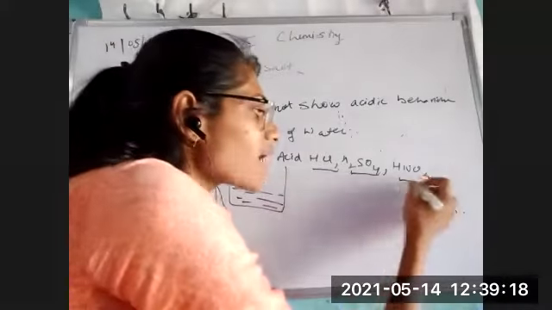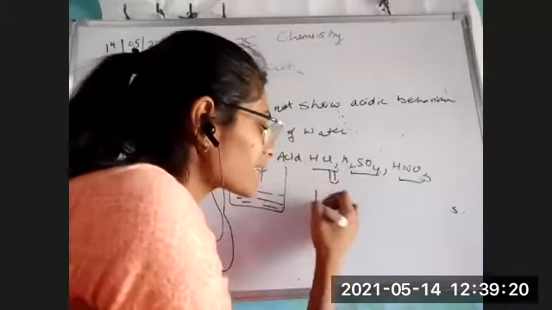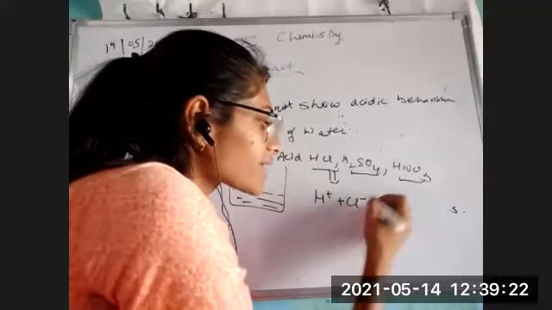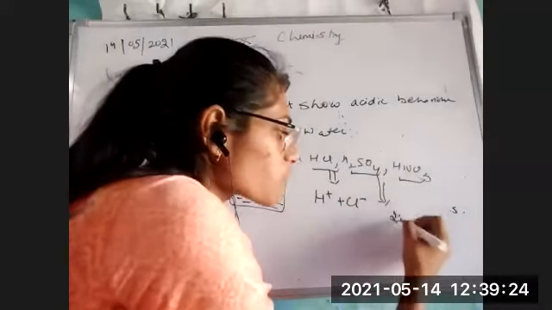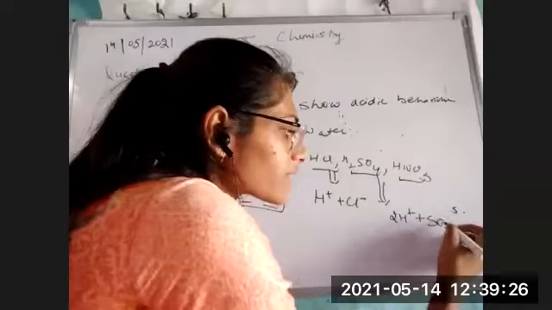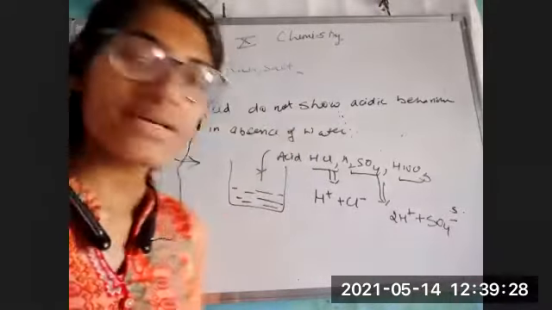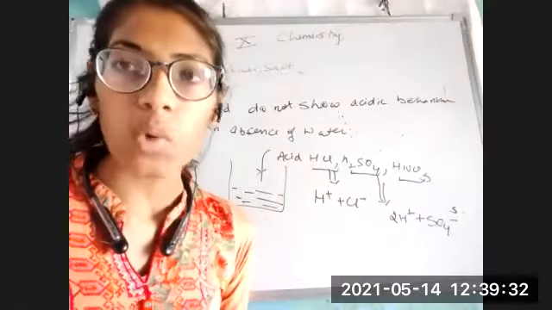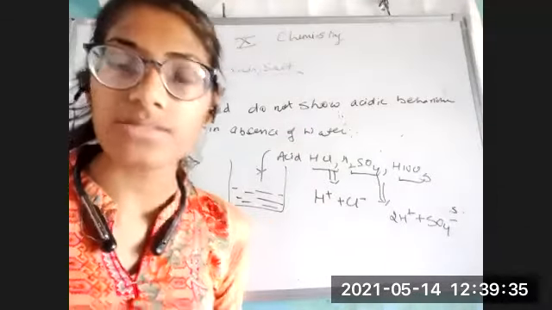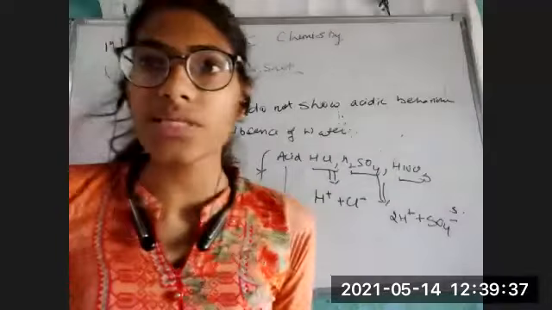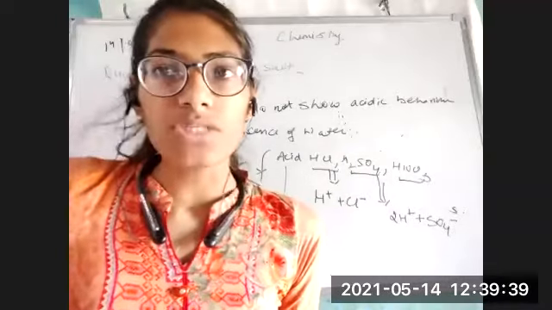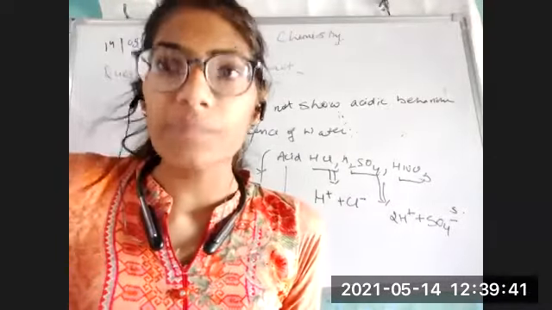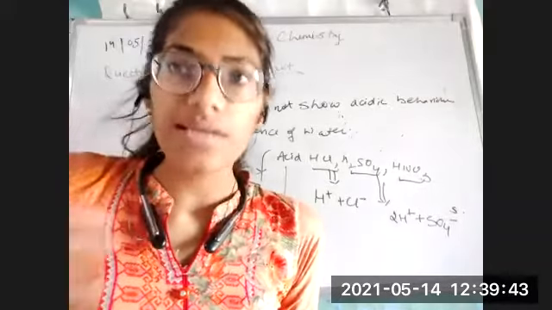They start dissociating, like H positive, Cl negative, 2H positive plus sulfate ion. So water is something which can easily dissociate our acid, because acids are also known as electrolytes. And the property of electrolytes is that whenever we dissolve them into water, they start dissociating into ions.